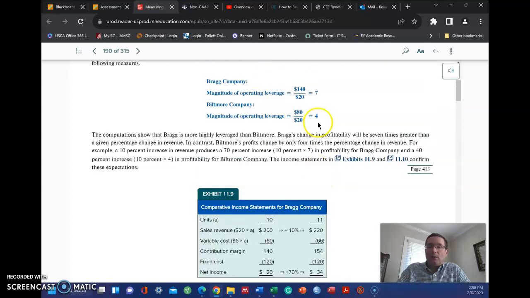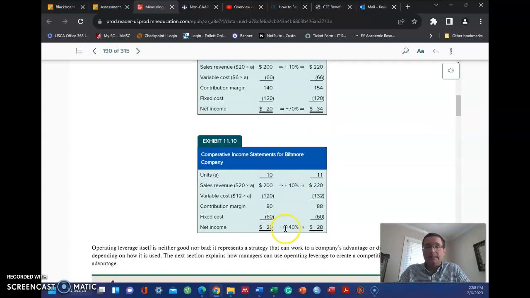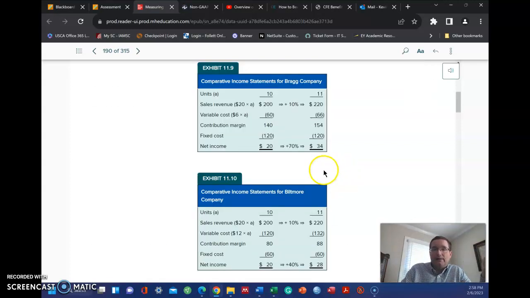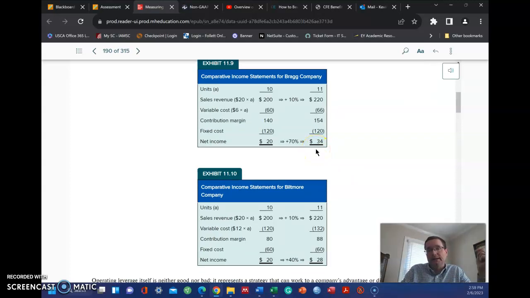Well, Biltmore was 4. So 20 times 1.4 is 28, or 20 plus 40% of 20 is 28. So that operating leverage was in favor of Bragg and resulted in a higher net income.